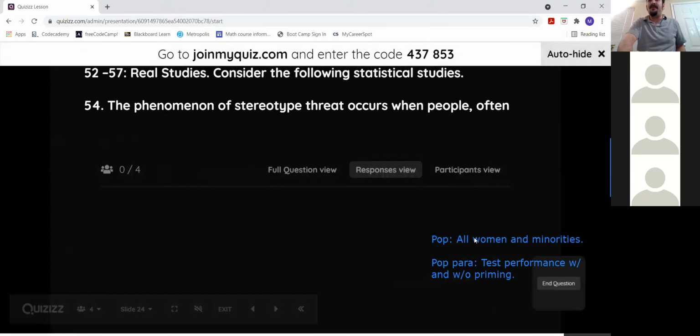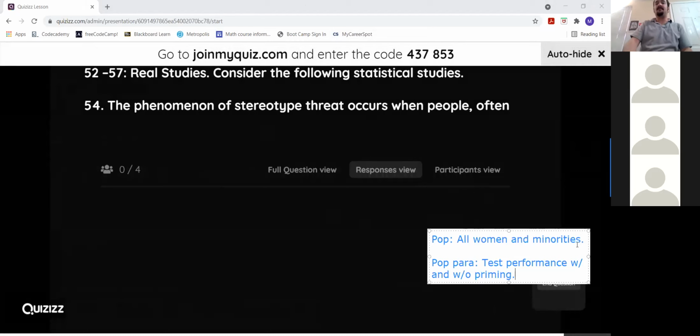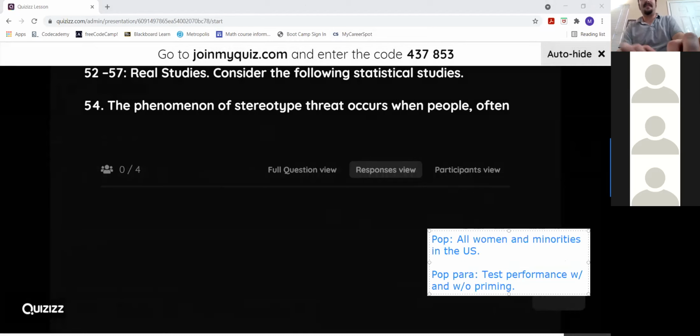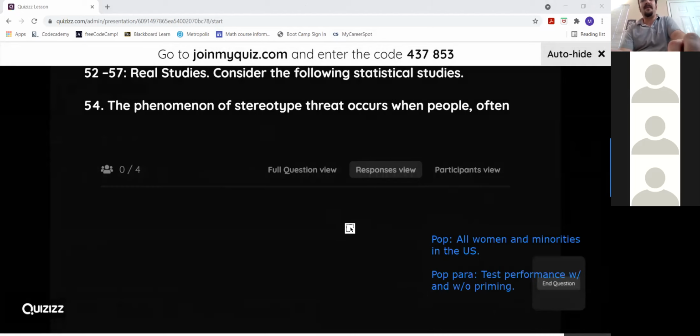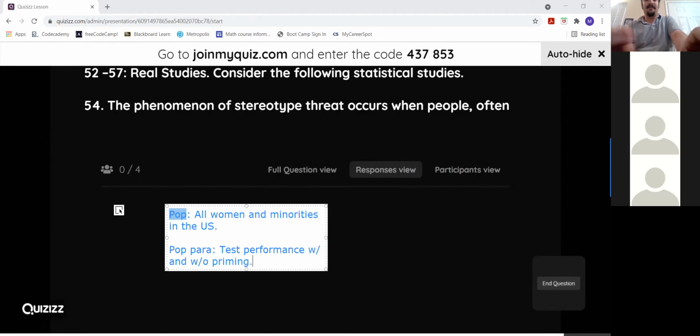When I say all women and minorities, I'm assuming they're probably doing this just within the U.S., so I should probably say that. Different countries are going to have different structures of what a minority or what race is, even, right? So I'd assume that this is in the U.S. You're not going to go to every single woman and every single minority that exists out there and say, hey, I need you to come take this test. So we need a sample.